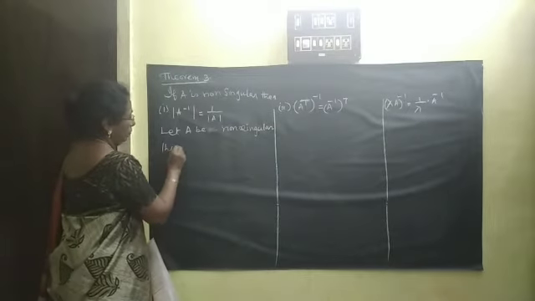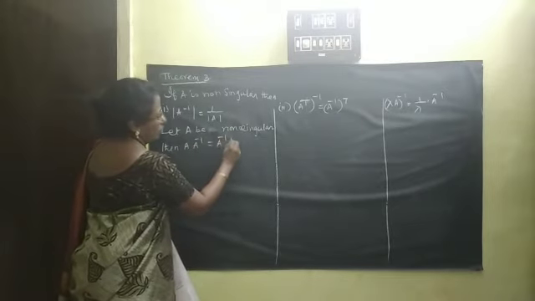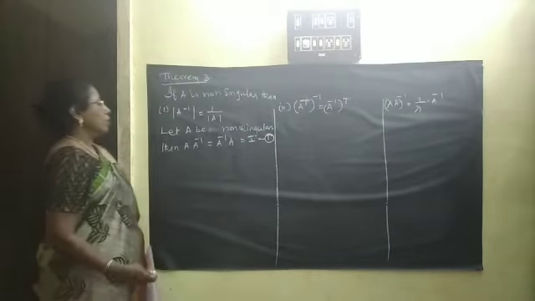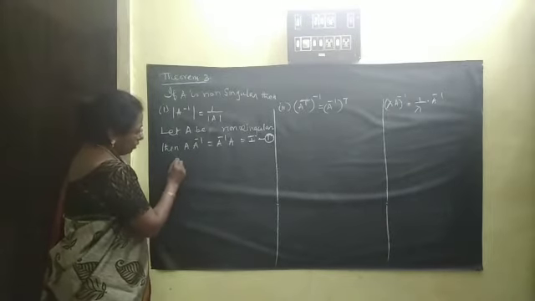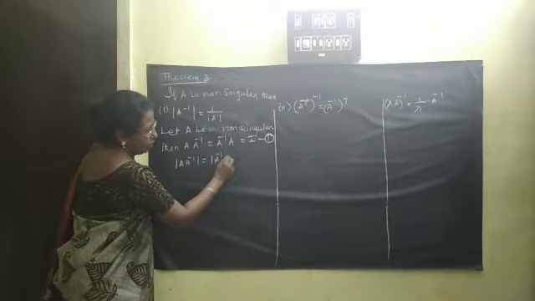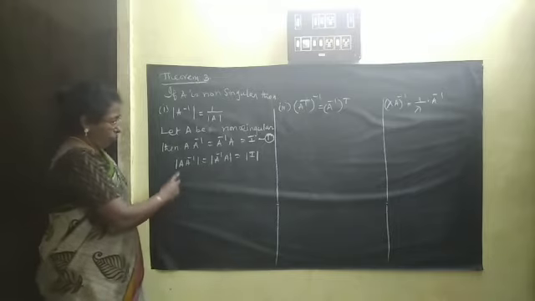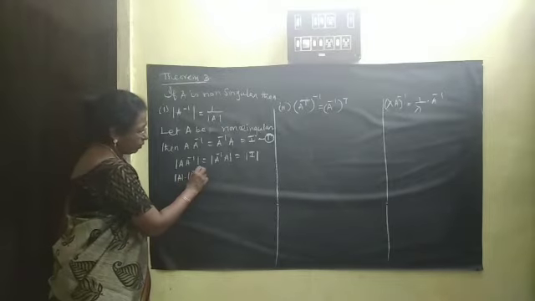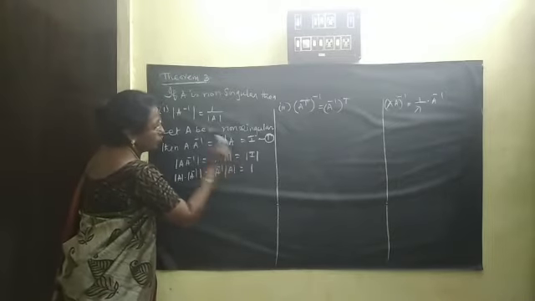Then A inverse into A is equal to I. Now on taking determinant on either side, determinant A inverse A is equal to determinant I. By the product rule of determinants, determinant A into determinant A inverse is equal to determinant A inverse into determinant A is equal to 1.